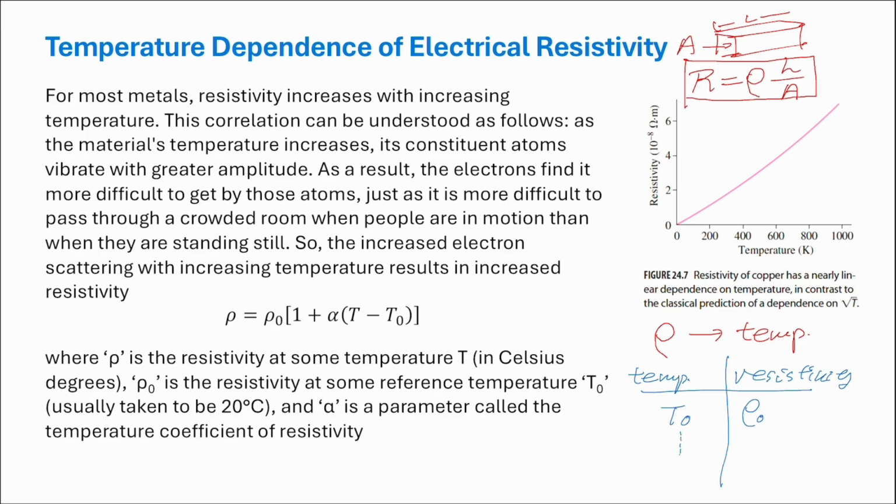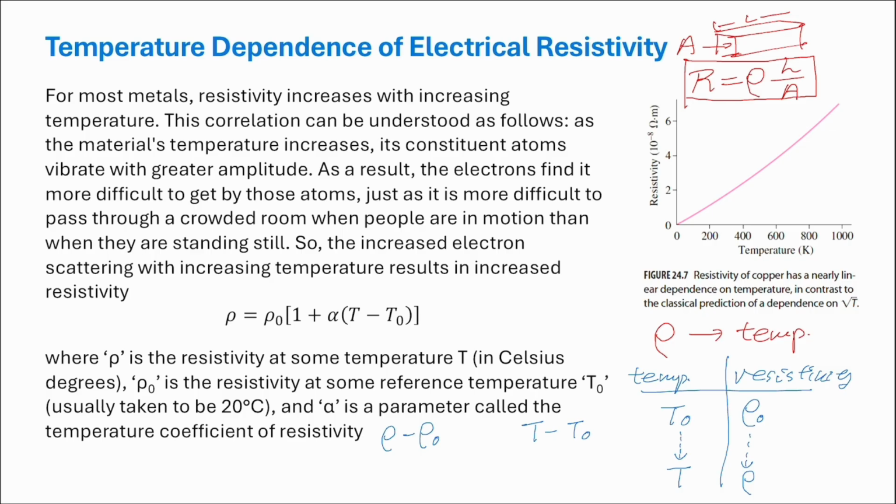Next, you increase the temperature to T and you will find the resistance also changes, and then the corresponding resistivity also changes. Now if it changes, it means rho minus rho naught, the final minus initial, is proportional to T minus T naught.